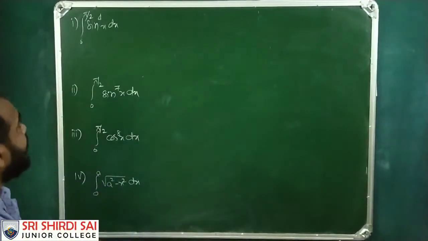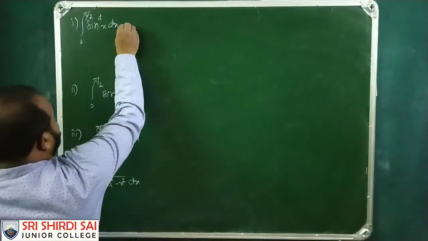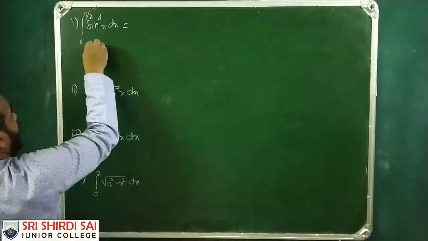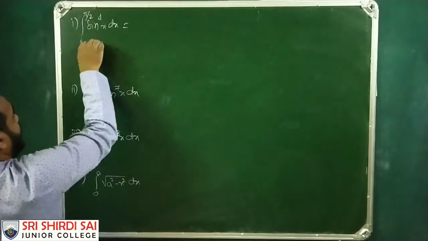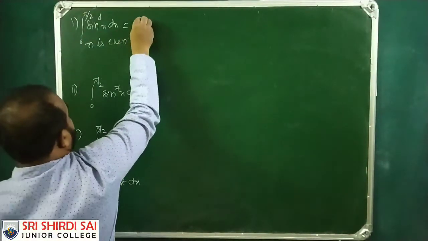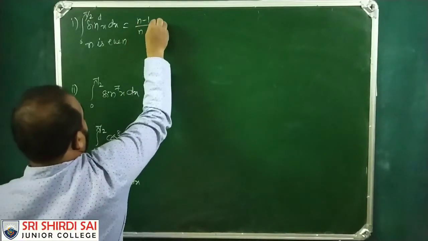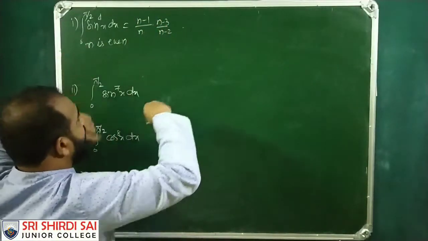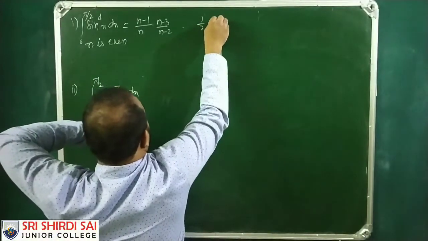So let us quickly do this. Here n is even, whatever it is, n is even. So the formula is n minus 1 by n, n minus 3 by n minus 2, etc. So if n is even, 1 by 2 into pi by 2 we have to end up with, right?